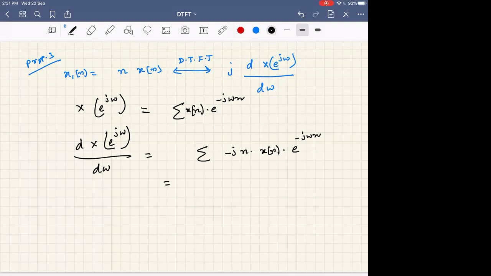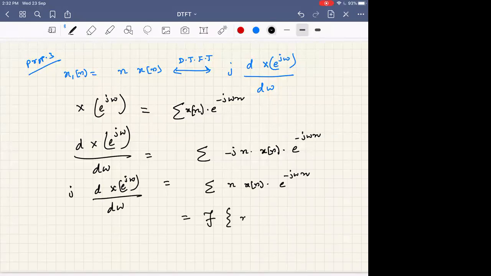Here you can multiply both sides with j. Is this correct? So this is nothing but Fourier transform of n into x of n.